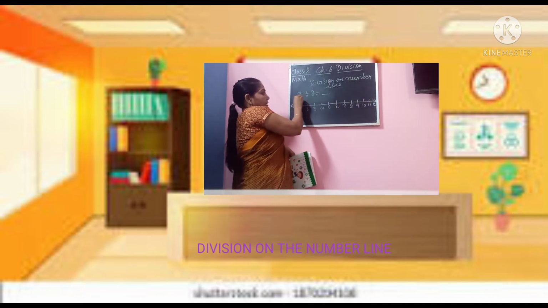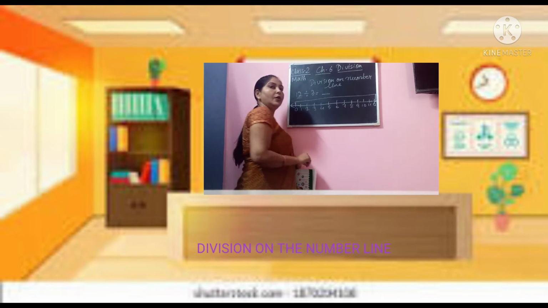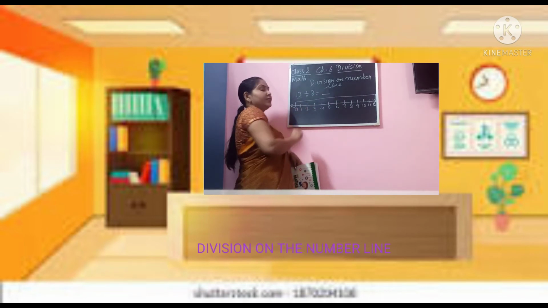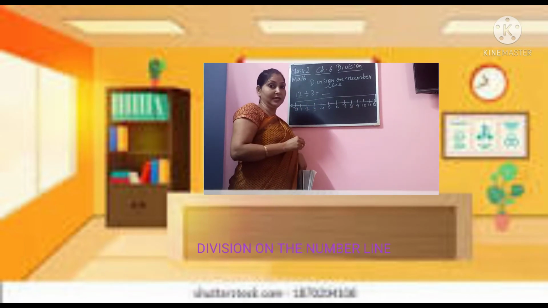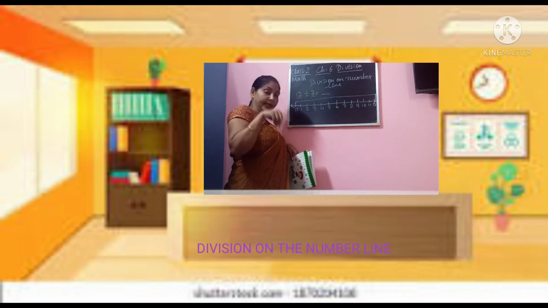On the line, mark 12, give 12 markings. We will start with 0, 1, 2, 3, 4, 5, 6, 7, 8, 9, 10, 11, 12, and let's make 13, one more.